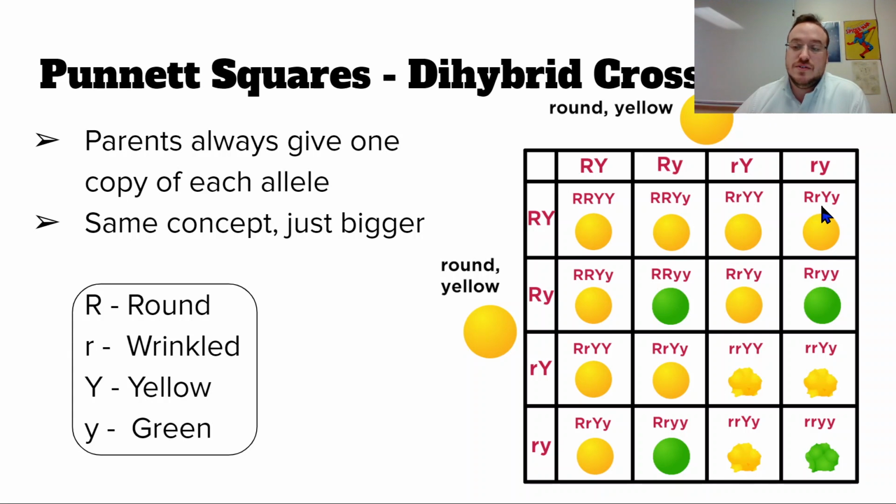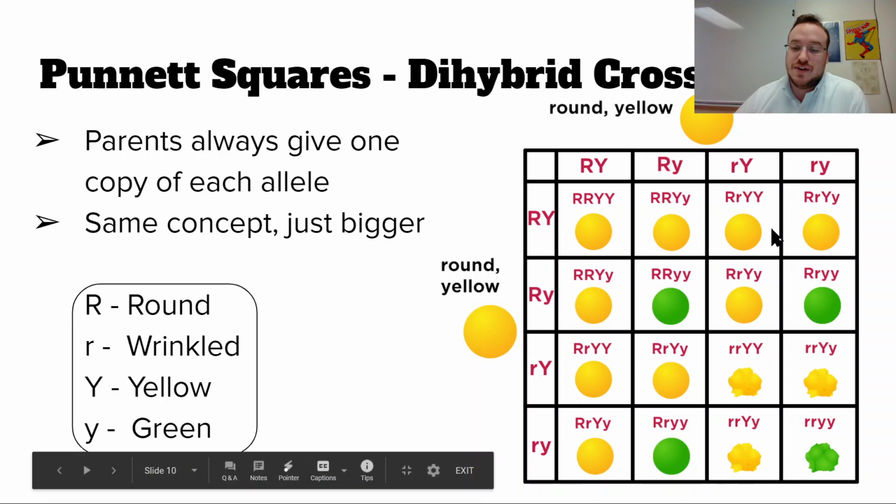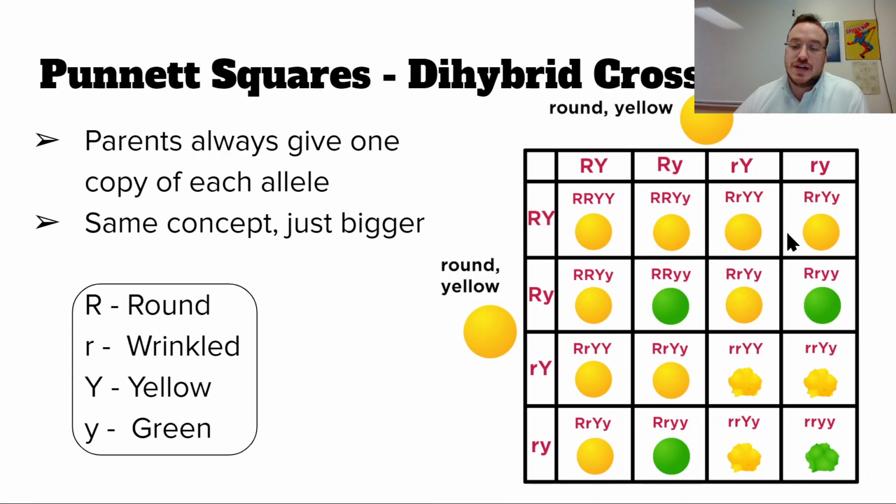And that is going to continue. So there are multiple different genotypes, all representing this one phenotype. So if you're asked a question, make sure you're answering phenotypic versus genotypic, because those are two different questions. One is asking how it looks. One is asking about the letters, the different kinds of alleles.